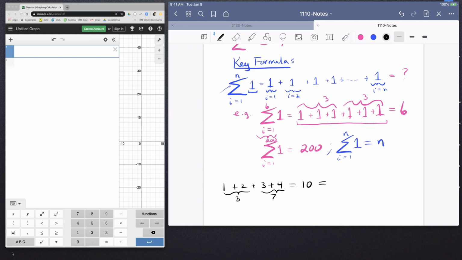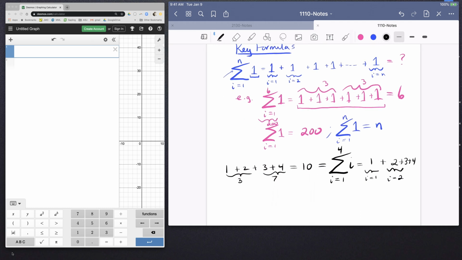Another way to write that would be in sigma notation: sigma going from 1 up to 4 of the number i. When i is equal to 1, you get 1. Because it's sigma notation, you put a plus sign every time you change the i value. When i goes to 2, i is equal to 2, and then we go to 3 and then to 4.